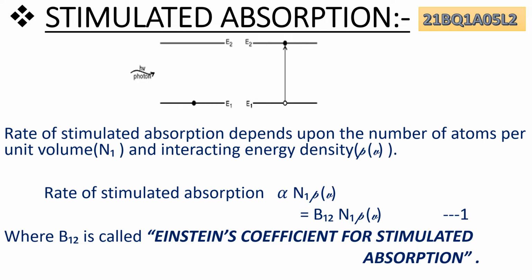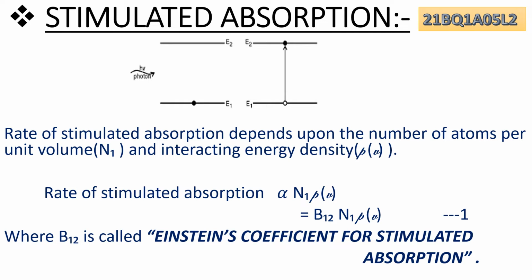Stimulated absorption. Let us consider two energy levels with energies E1 and E2, where E1 is ground state and E2 is excited state. Usually atoms are present in ground state E1. When a photon of energy h nu is incident on the atom lying in ground state, then it excites to higher energy state E2.